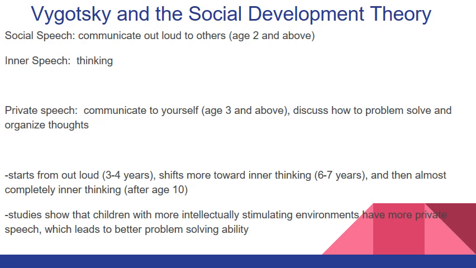There also have been important studies that show that children with more intellectually stimulating environments, where they have lots of questions or learning activities with their caretakers and lots of academic knowledge or academic vocabulary that they're exposed to as children, end up having a lot more private speech.